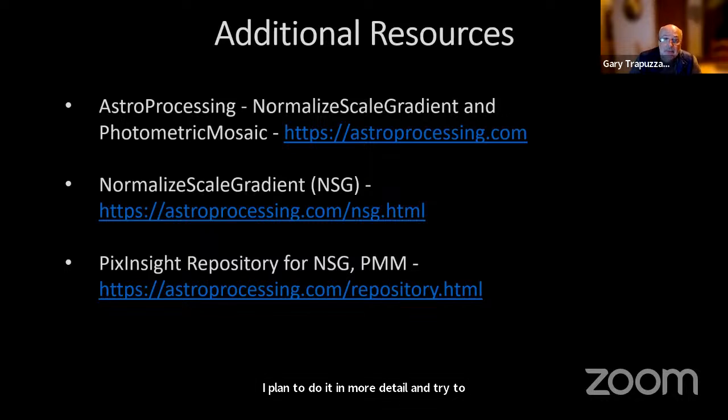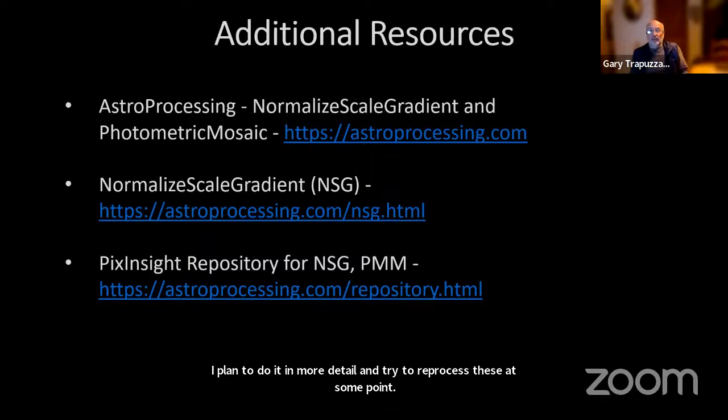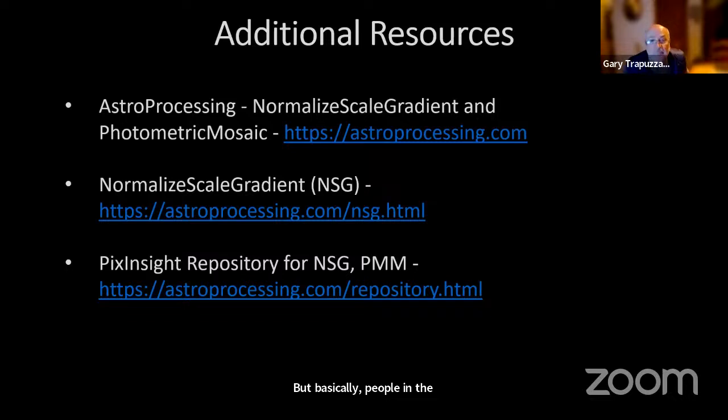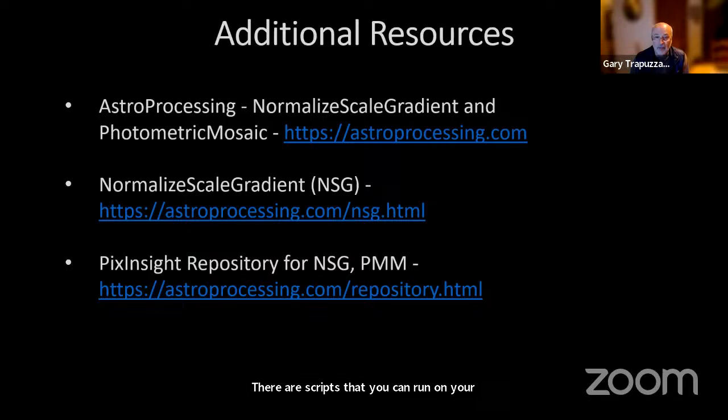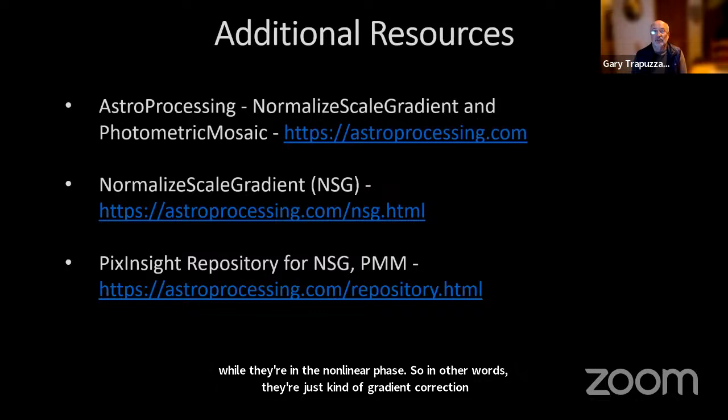Basically, people in the community have developed these free tools for PixInsight, this normalized scale gradient and photometric mosaic. These are scripts that you can run on your panels while they're in the nonlinear phase. So in other words, they're just gradient corrected and color calibrated, but not stretched or anything else.